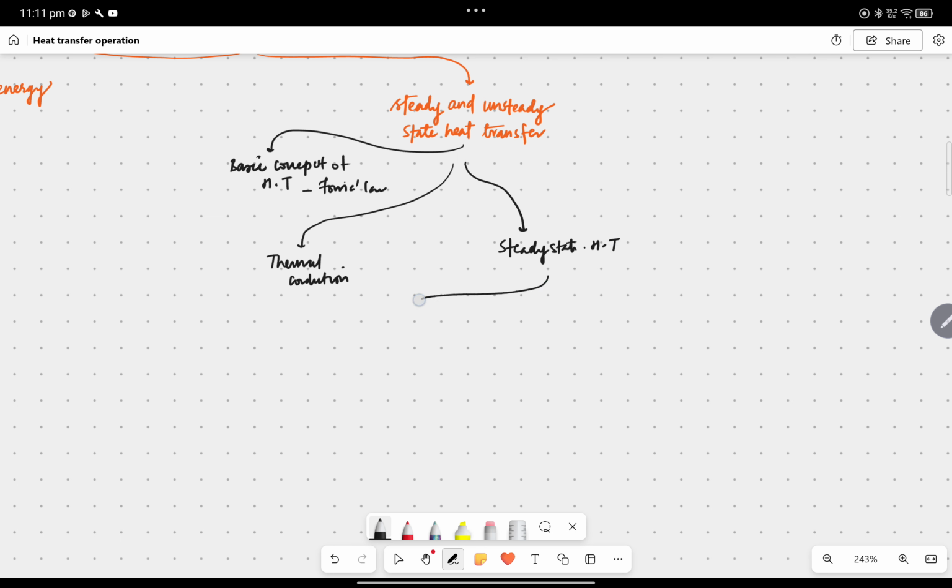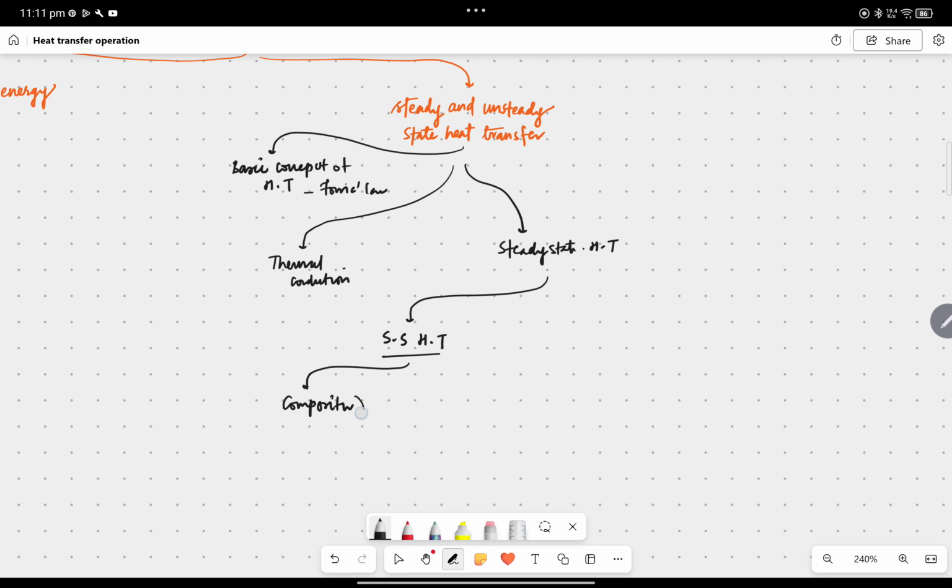In this we study steady state heat transfer in a composite wall, or for more generalizing it, steady state heat transfer in constant area. Second, we study steady state heat transfer in variable area.